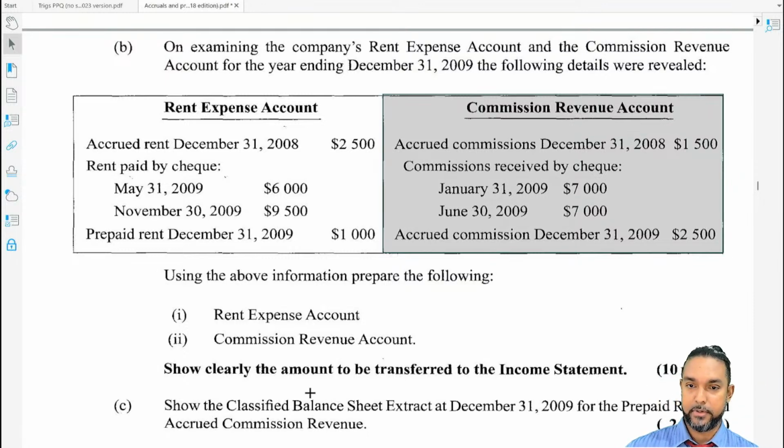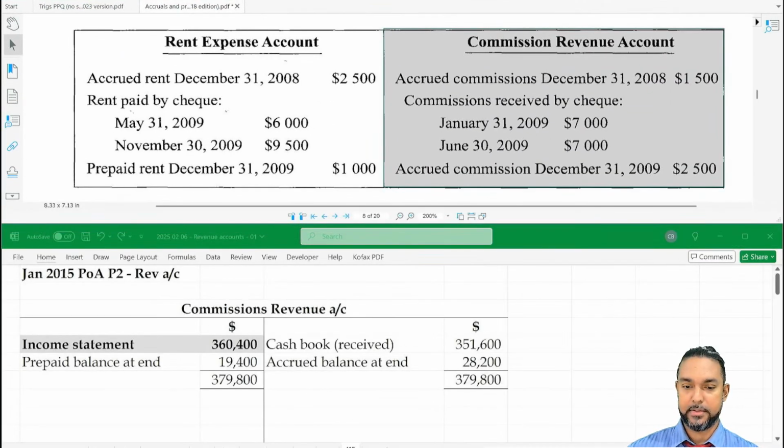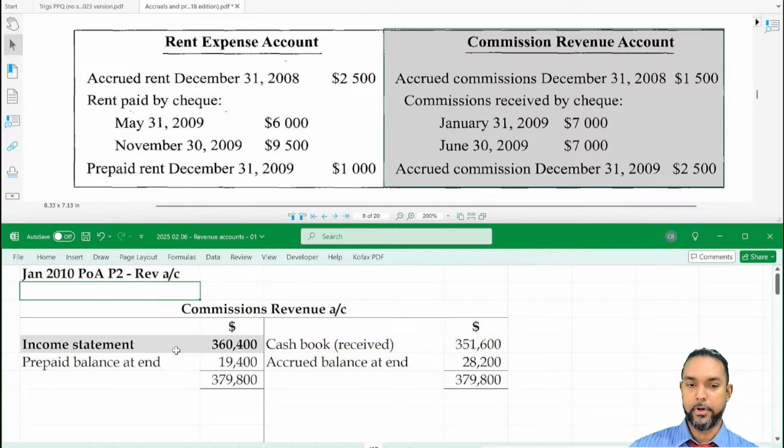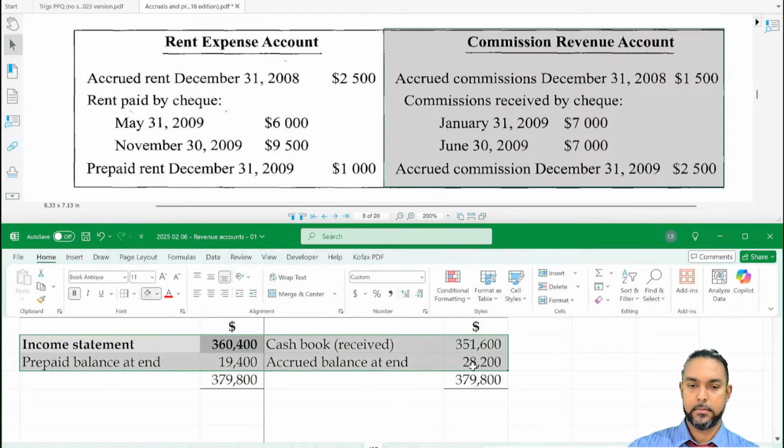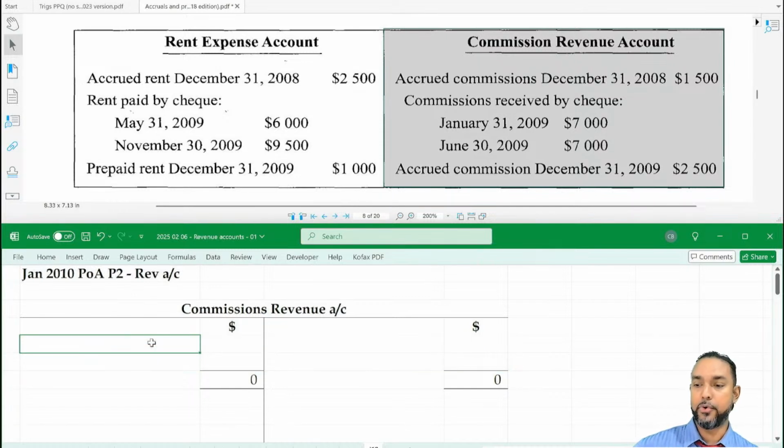All right, so let me see if I can do this kind of quick. Put that to the top, and then this is the 2010 I said, right? So Jan 2010. Commission, right? So we had accrued. Okay, so hold on. Accrued commission, or accrued revenue, is an asset because it's money owed to us.